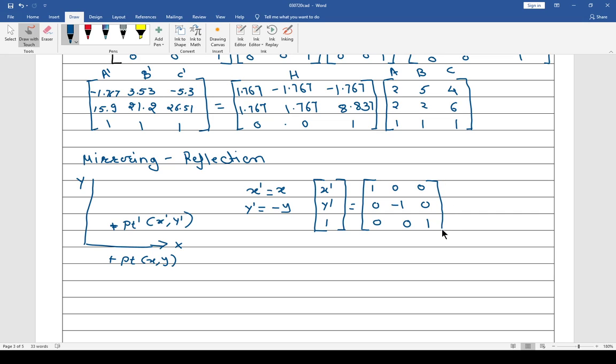This is what I am going to get. So this is my PT, this is my PT dash, and this I denote with capital MX. So it suggests mirroring about x. So just let me know if you got this or not.